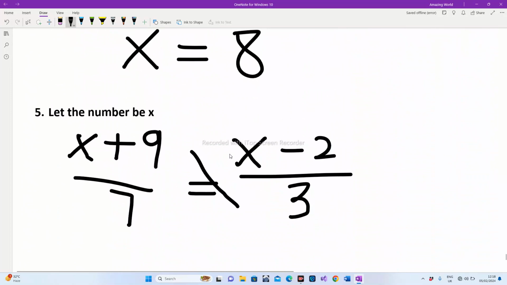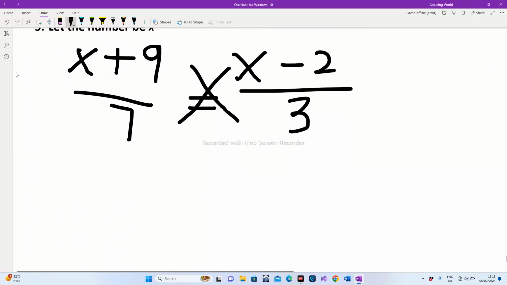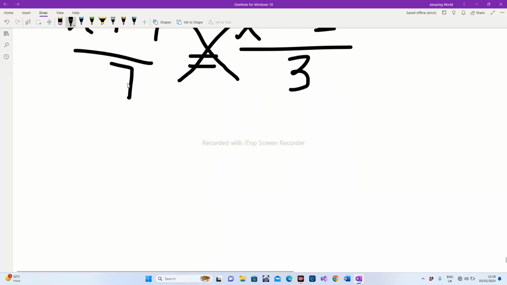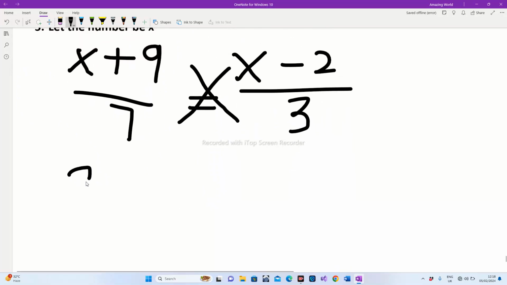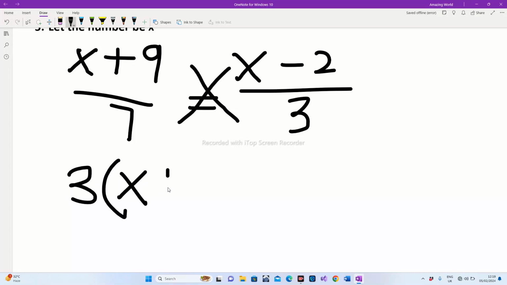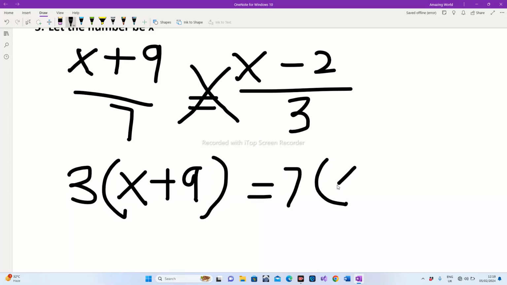So we should all know that what to do is to cross multiply, and that means this multiplies this, this multiplies this. So let's quickly do that. That will be 3 bracket x plus 9 equals 7 bracket x minus 2.